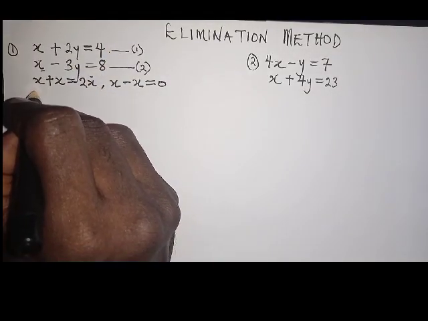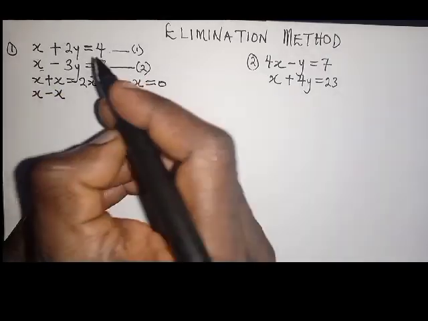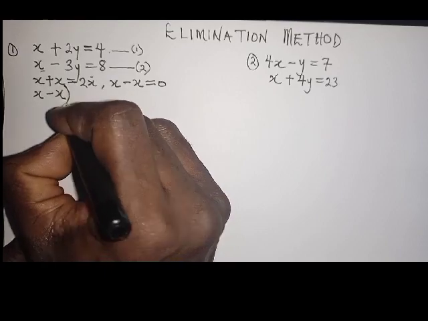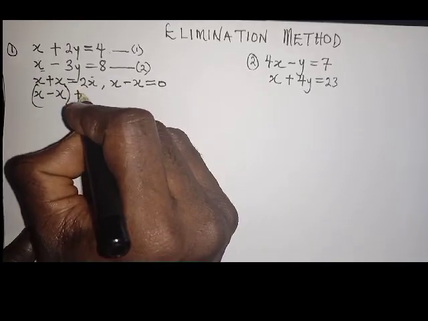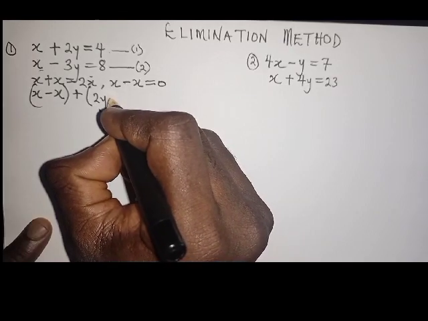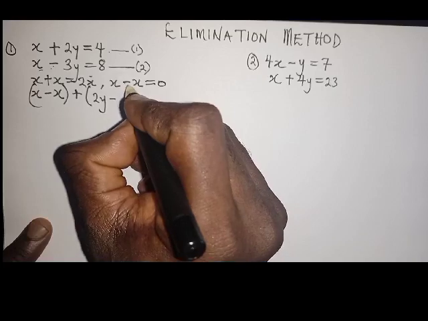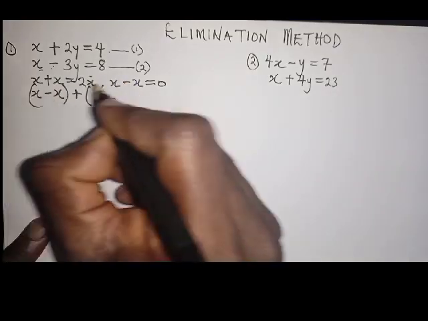So this is simply now going to be x minus x for the x term. Then I'm going to say plus 2y minus, remember this minus is the general one that this one has.